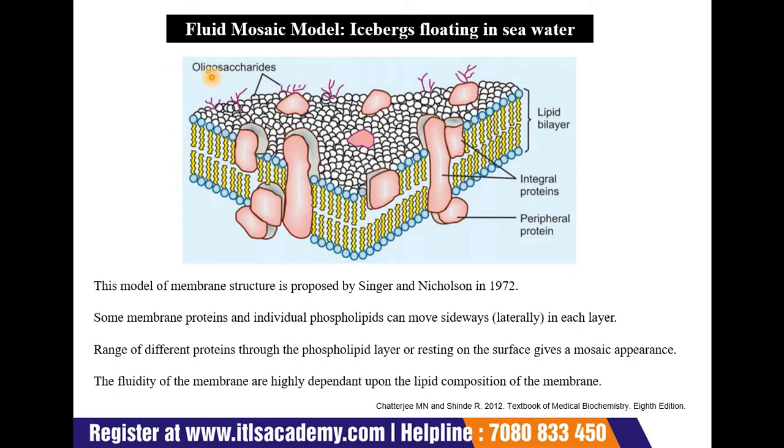The integral proteins basically undergo rapid distribution in the plane of the membrane, which is quite rapid for a phospholipid molecule within the membrane. One phospholipid molecule can move several micrometers in seconds, and there are also phase changes, and this mosaic appearance is what the membrane structure looks like.